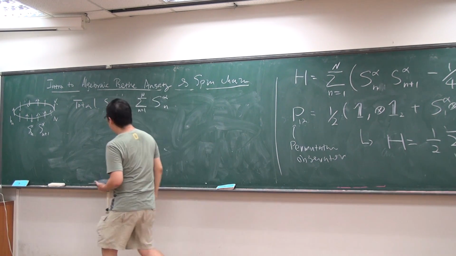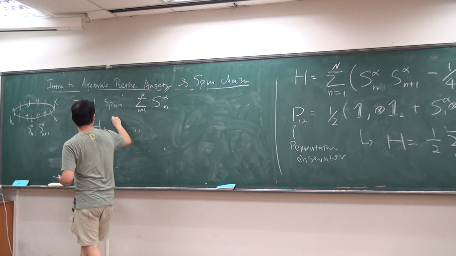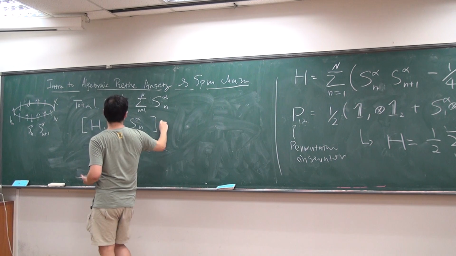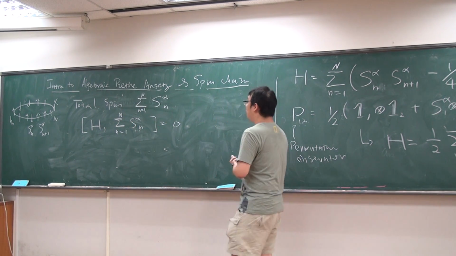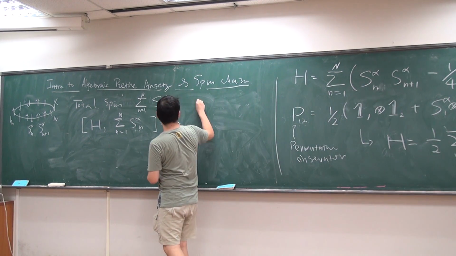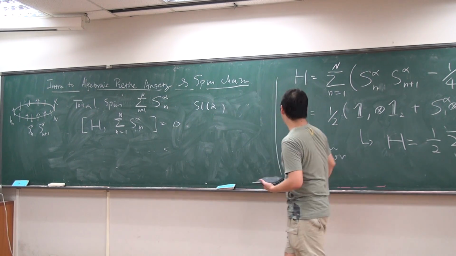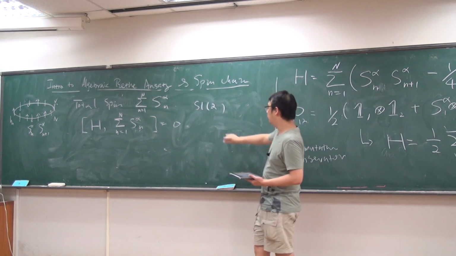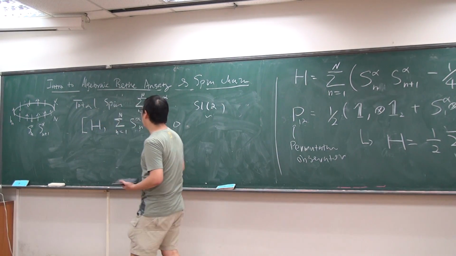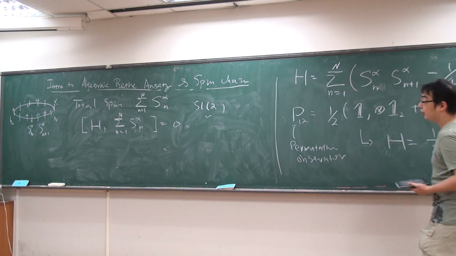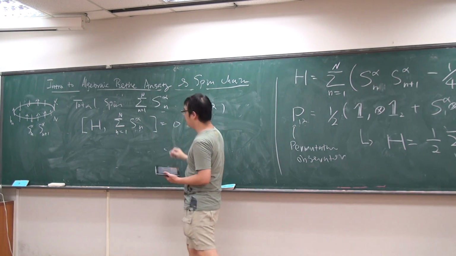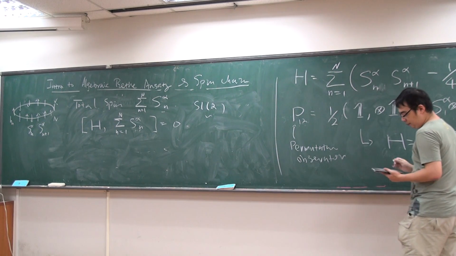What's nice about it is that if you compute this commutator with the Hamiltonian, it equals 0. That simply reflects the fact that our system has symmetry under the action of SL2, or basically our Hamiltonian is invariant under SL2. Therefore, you have this commutation relation. Basically, total angular momentum, sorry, total spin is actually conserved in our system.